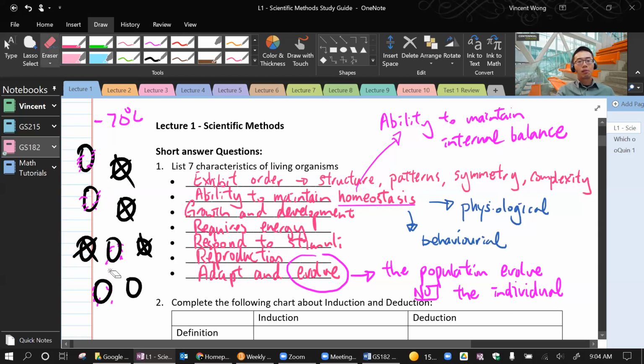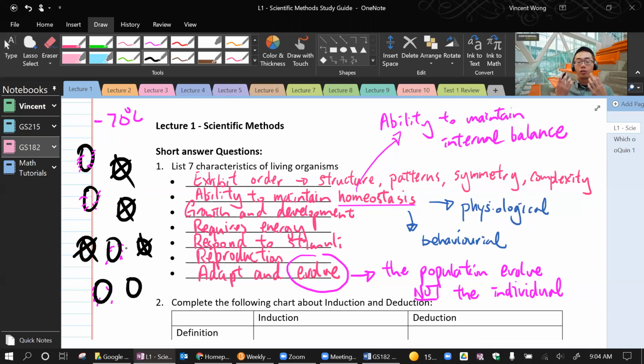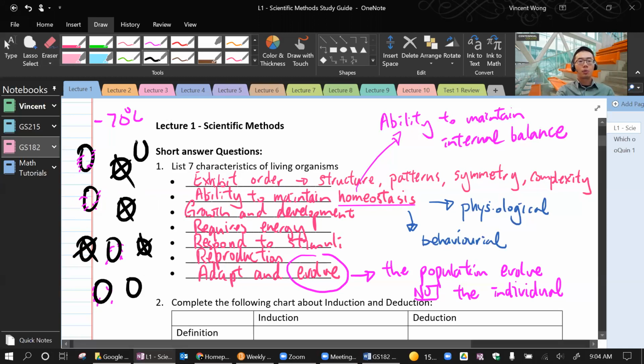The ones with fur will survive, and they in turn will have more offspring than the ones without fur, because the fur trait is a heritable trait, something you can pass on to the next generation. They will produce more offspring that also have the fur.